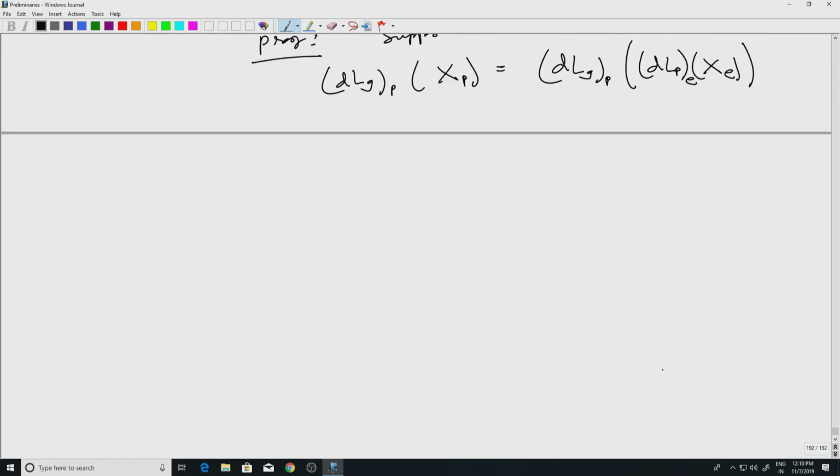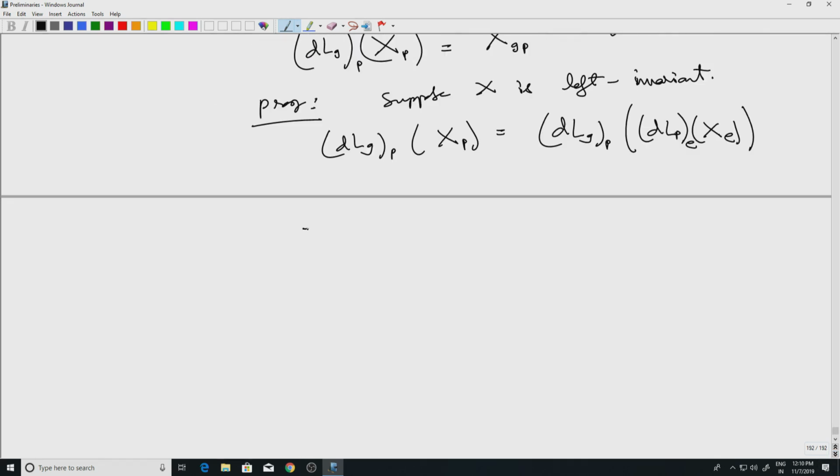Now it's essentially a composition of two maps, two derivatives, DLG at P composed with DLP at E, acting on XE.